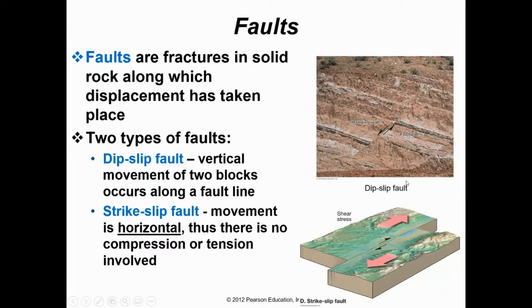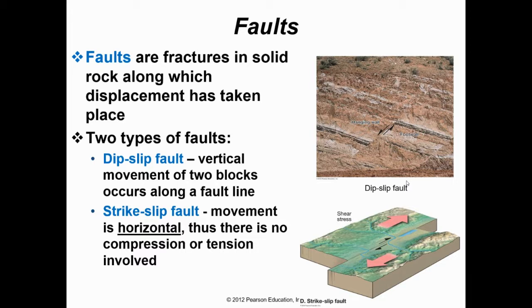The setup that you're looking at is what's called a dip-slip fault. This is just another term for the exact same concepts we've been looking at already that occur at convergent plate boundaries and divergent plate boundaries.